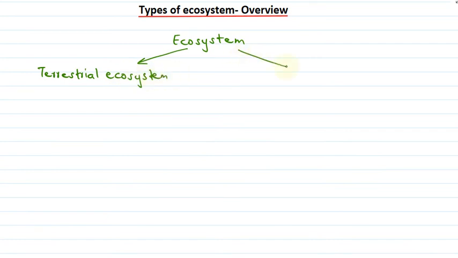And what is the other type? It is the aquatic ecosystem. So what does this terrestrial ecosystem comprise?